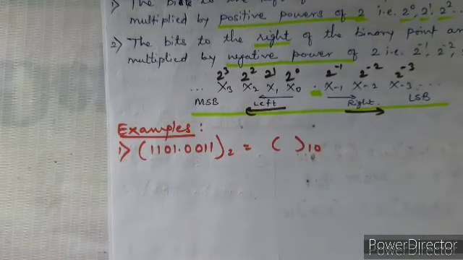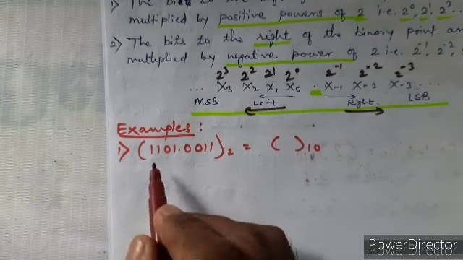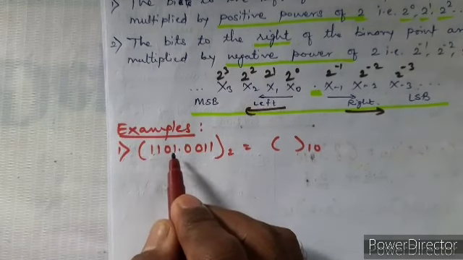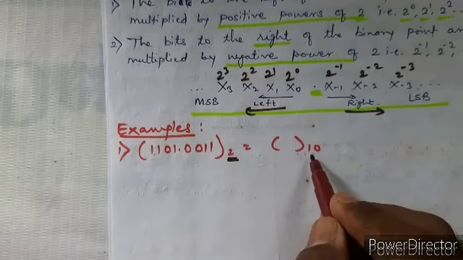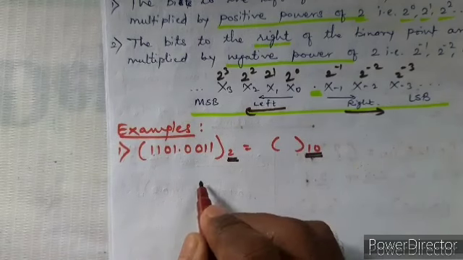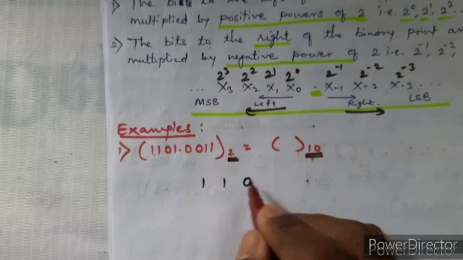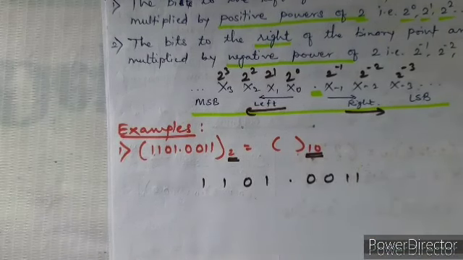So here an example is given. So we have 1101.0011 in a binary number system and it is asked to convert into its equivalent decimal. Right? So I have this 1101.0011.